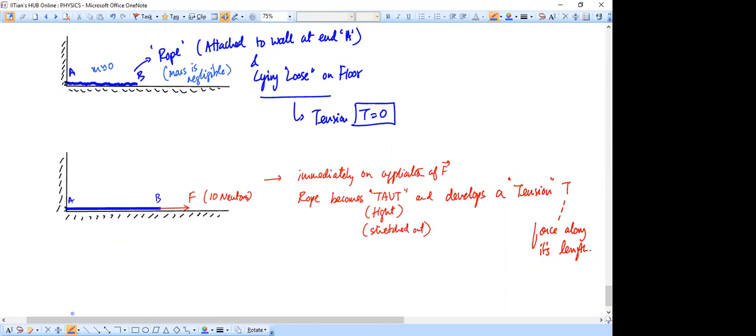But what is happening is that the moment we are pulling it with a force F from this side, the hook on the other side will also apply some reactionary kind of force.